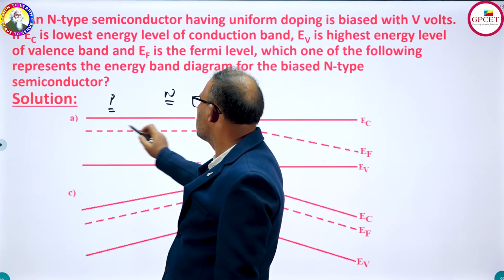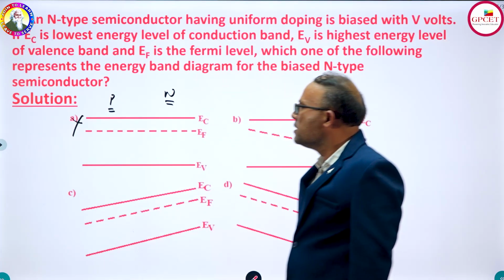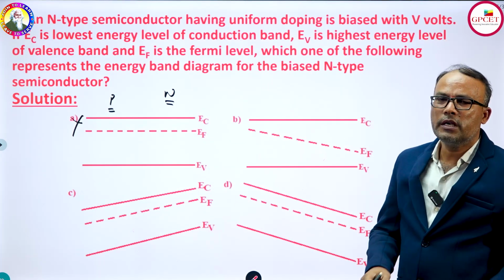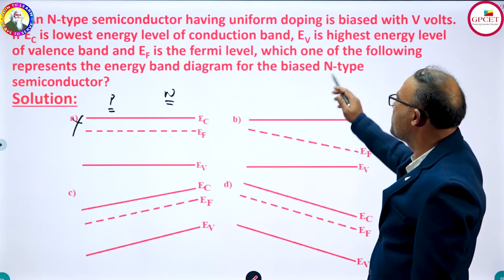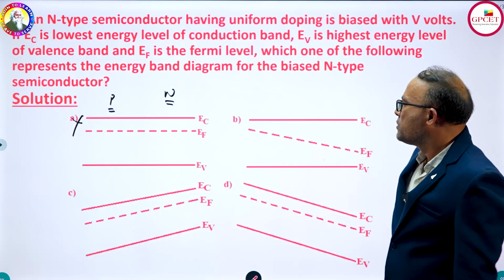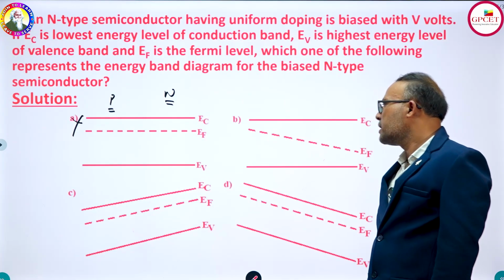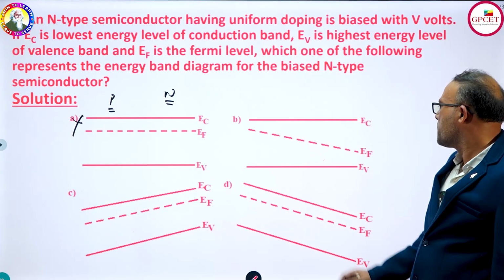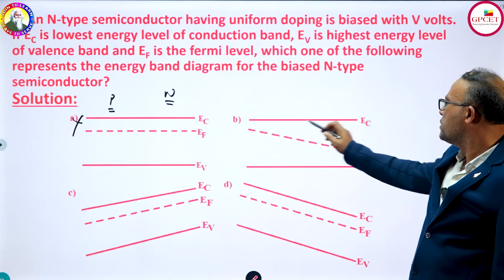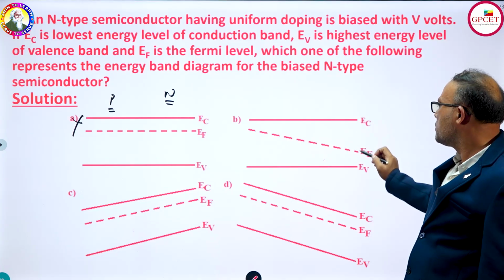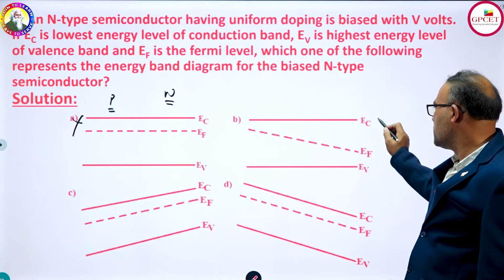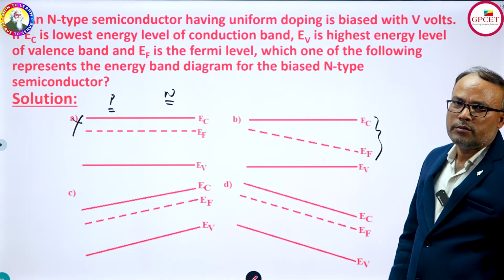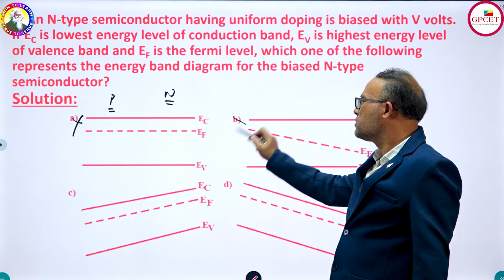So this is not the right answer, because for P-type, as you know, the Fermi level shifts, and it has been asked specifically for the N-type semiconductor. So let us see what is the correct answer. Next, here also see. This is EC, which is constant here. This is also not shifting, and EF is shifted here, but EC stays. But the EC energy level also has to shift, because it is a doped one. So this is also not the right answer.